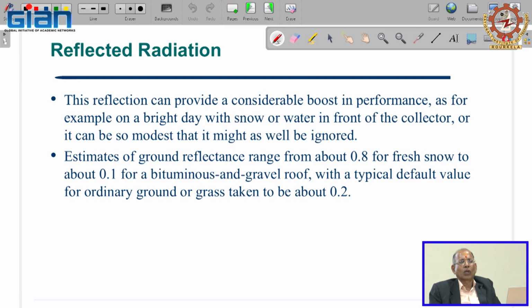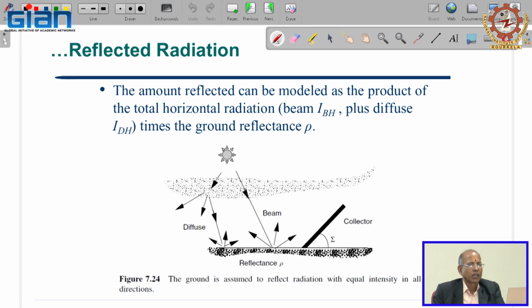Okay. Then talking about the reflected radiation, this reflection can provide a considerable boost in performance, for example on a bright day with snow or water in front of the collector. It can be modest, for example, if you have some glass nearby the collector.